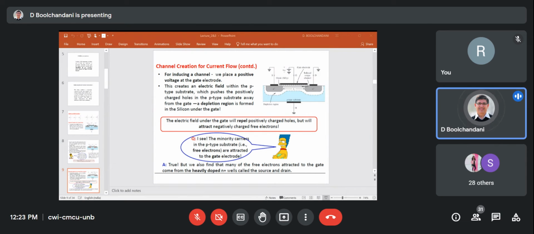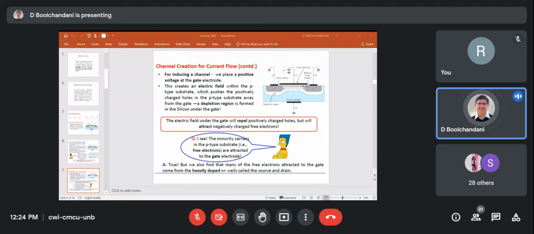So what has happened, because you have added a positive voltage to this gate terminal, now this positive potential, there are holes here in the P-type substrate, it pushes away those. If you push it away, you will have a depletion region in the silicon under the gate region.